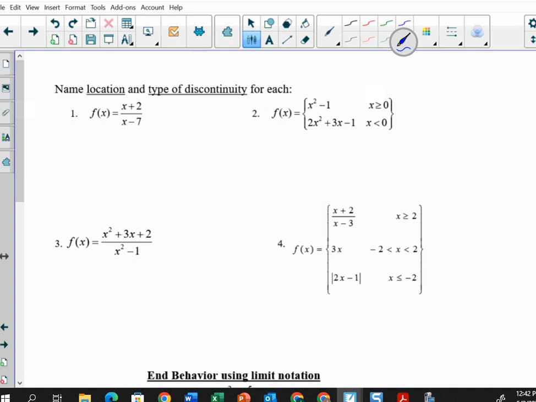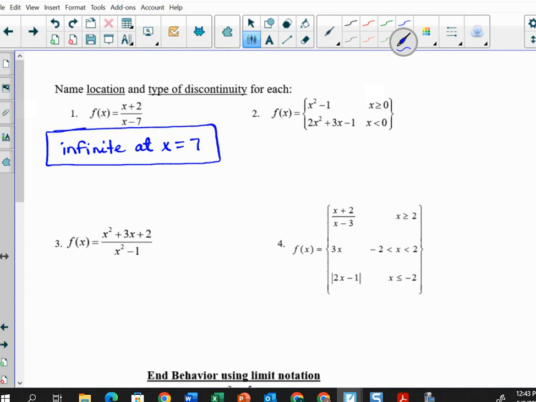Is there a denominator that could equal 0? Yes, so what do I have here? You can write asymptote or you can say infinite. At what x value? 7. Correct, the asymptote comes from the denominator.